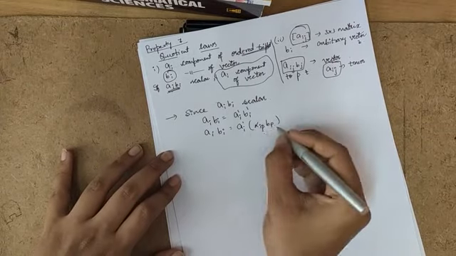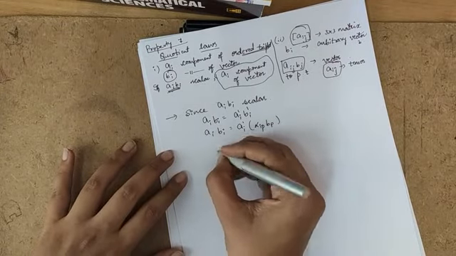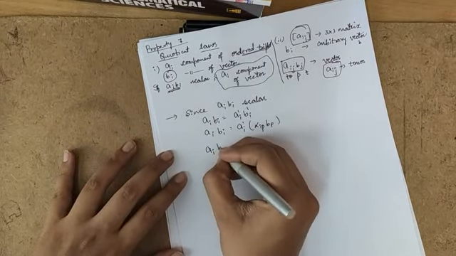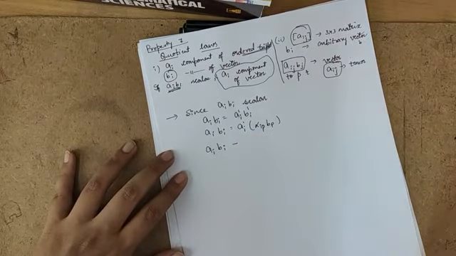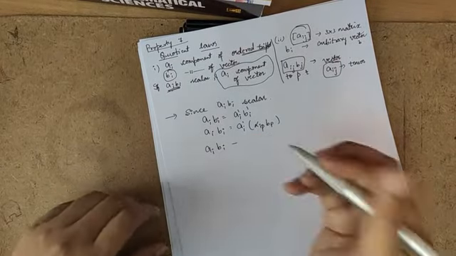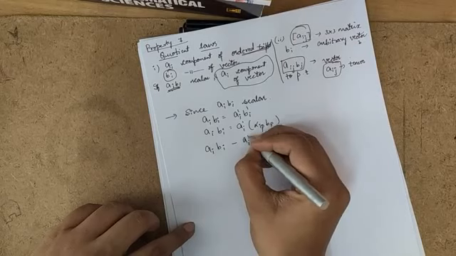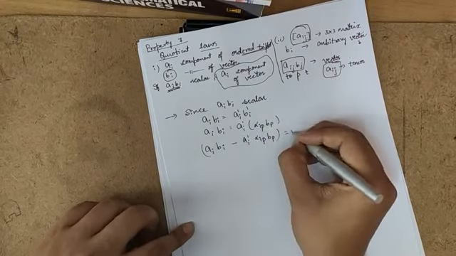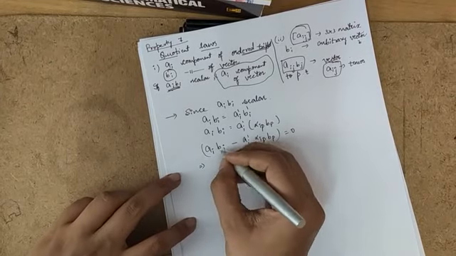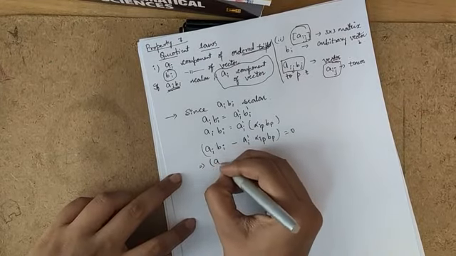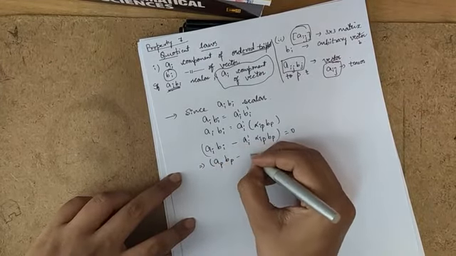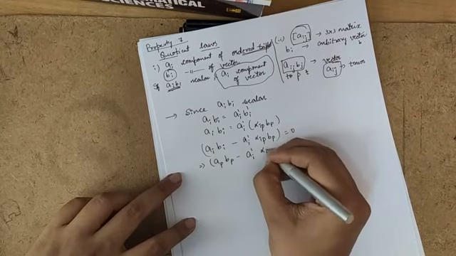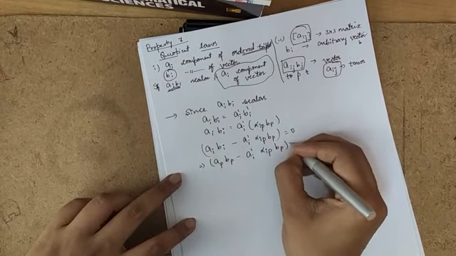Okay, so from this I can write AiBi minus Ai prime alpha ip Bp is equal to 0. This is nothing but, since i is our dummy suffix, I will change it to ApBp minus Ai prime alpha ip Bp is equal to 0.